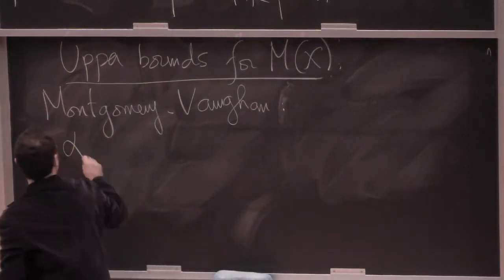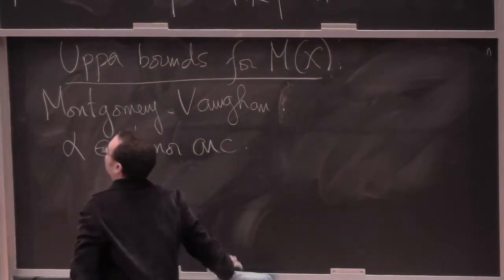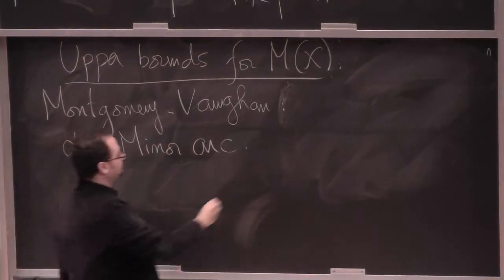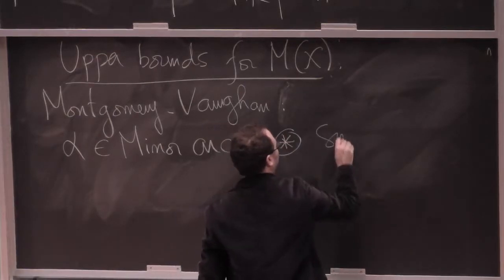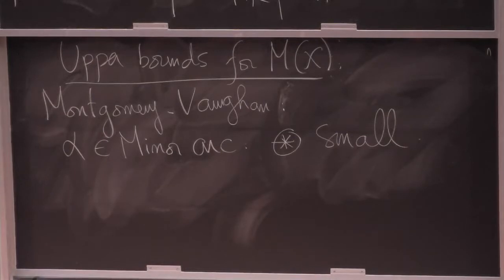So if alpha is in a minor arc, meaning, okay, maybe here let me write this as star, then star is small. And so you only need to focus on the most difficult case of major arcs. So in this case, you can approximate alpha by a rational with a small denominator.